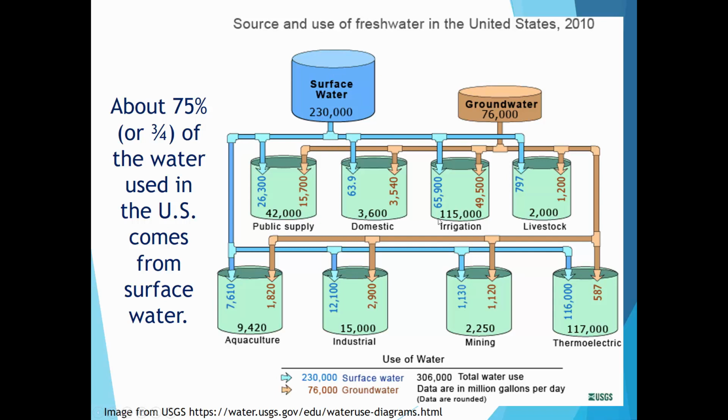So, of this, a lot is going to irrigation, a lot is going to thermoelectric power plants, and then smaller amounts are going to public supply and industrial uses. So that mirrors how we use all water, but most of the water we use in the United States is coming from surface water, so rivers and lakes.